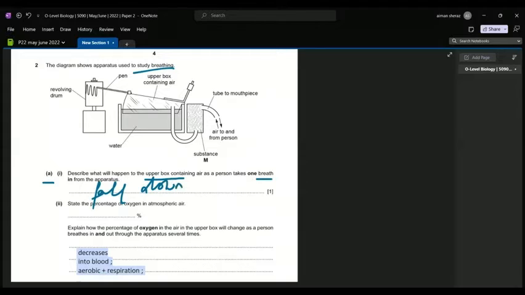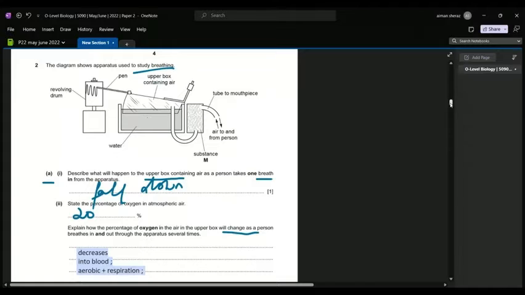Part 2, state the percentage of oxygen in the atmospheric air. So you can write anything from 20 to 21%. That is the range. Explain how the percentage of oxygen in the air in the upper box will change as a person breathes in and out through the apparatus several times. So, if the person inhales and exhales several times, what is going to happen to the percentage of oxygen present in the upper box?